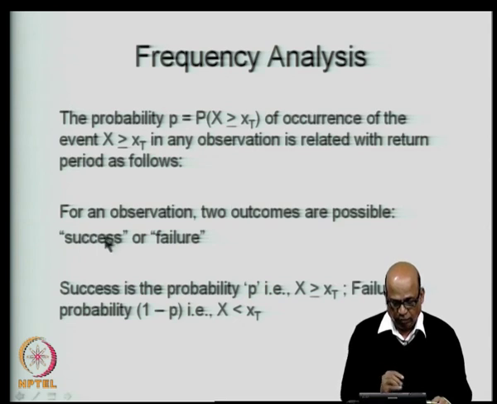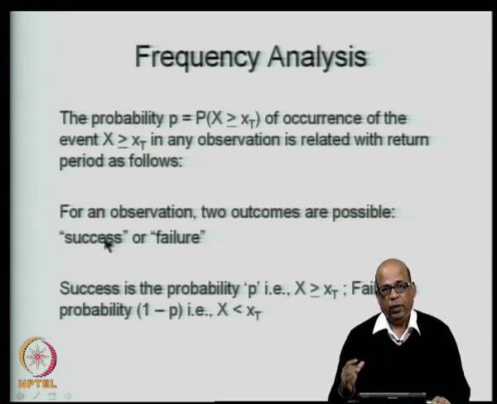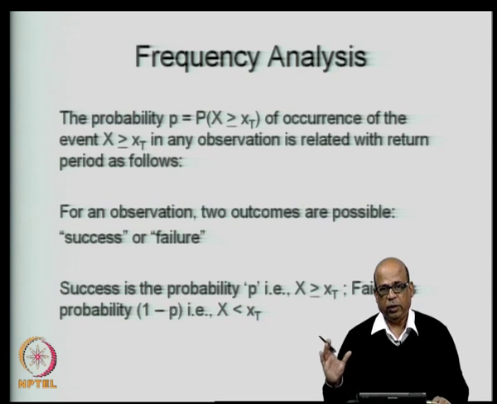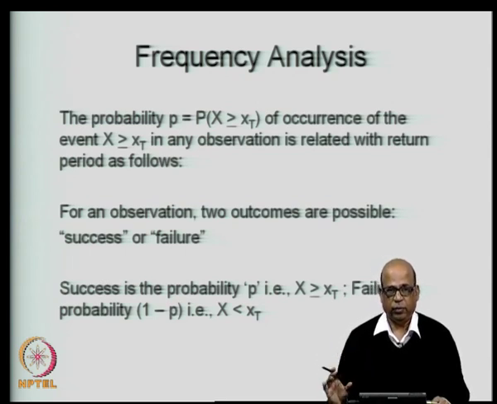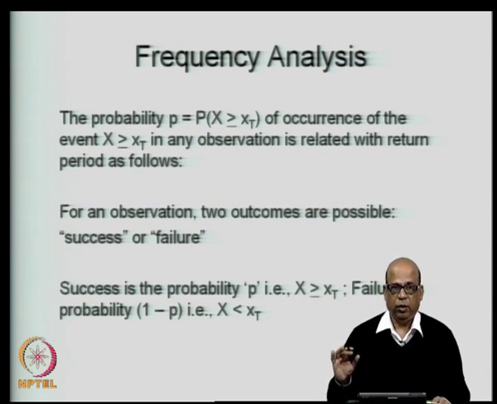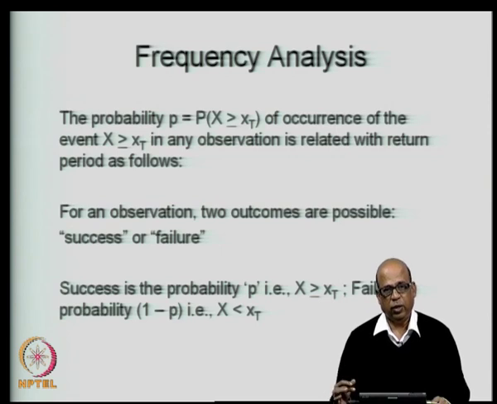Then what we do, whenever this event has occurred, x being greater than or equal to x_T in the record, whenever it has happened, we count it as a success. If that event has not occurred, then we count it as a failure. So, any event x less than x_T will be reckoned as a failure.